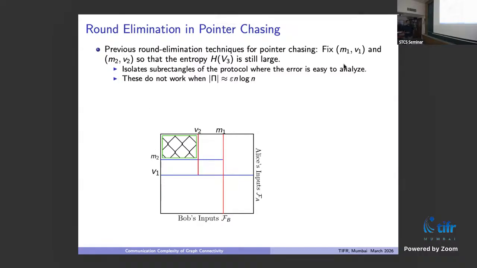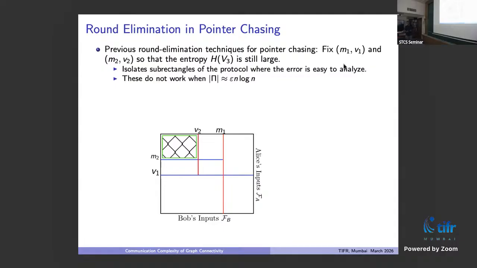So how are results proven in pointer chasing? It's done by round elimination. What does round elimination mean? Typically you find statements of the following form. Suppose there's a protocol that solves the problem with some desired number of bits. You fix a M1 and B1. Why are we fixing B1? We'll see in a moment.